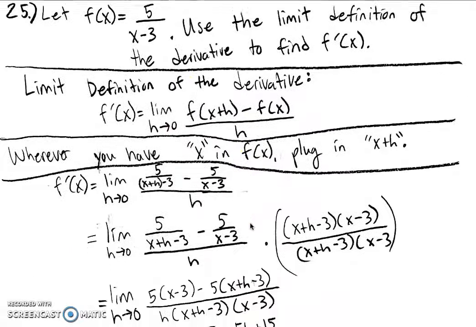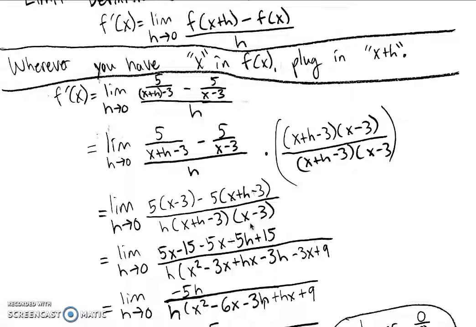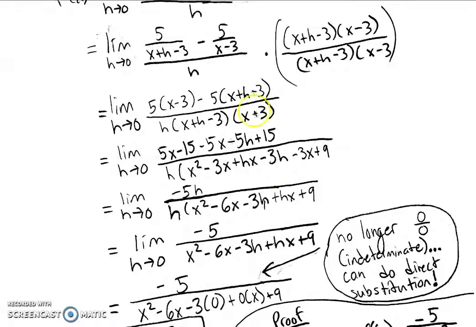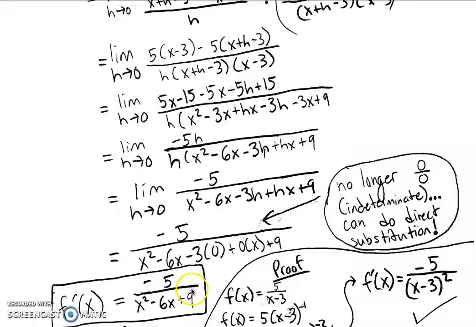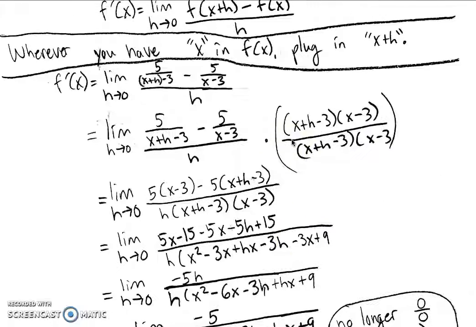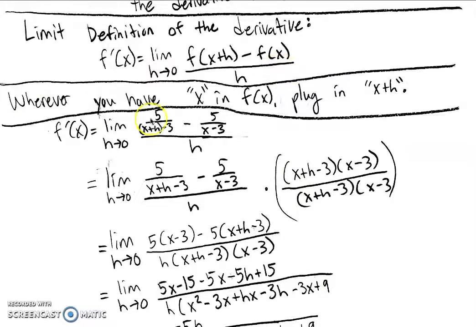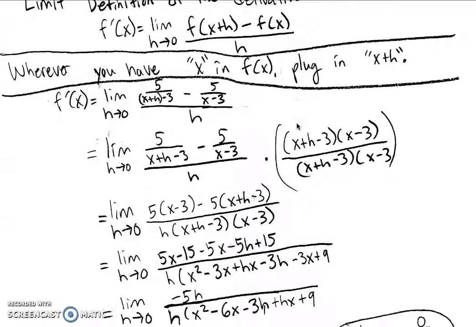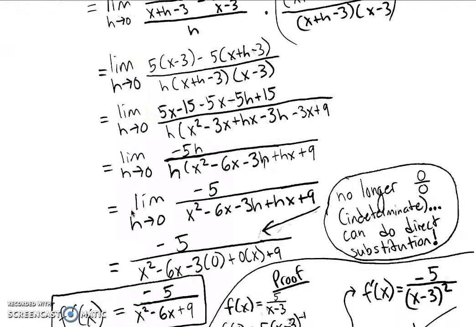So you want to be really careful when you do that, and then just don't rush when you're simplifying, because there's just lots of little terms, lots of signs. You're going to think it's easy, and you're going to rush, and you might make a mistake. You might get a sign wrong, and then that'll impact your answer at the very end. So slow down in this step right here whenever you're plugging in x plus h for x, and then just slow down over the entire process.